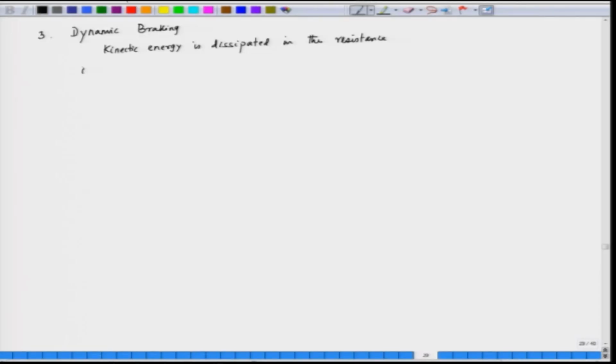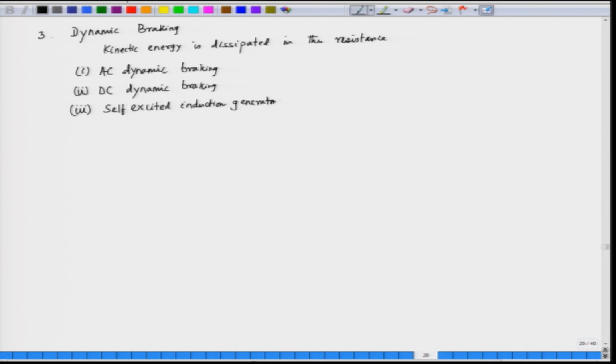So, we have various types of dynamic braking. They are AC dynamic braking, then DC dynamic braking, and the third one is self excited induction generator based braking.